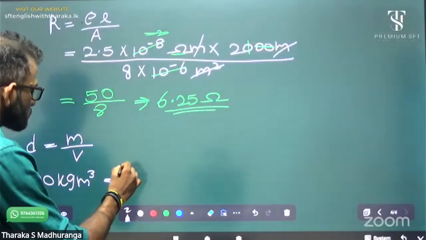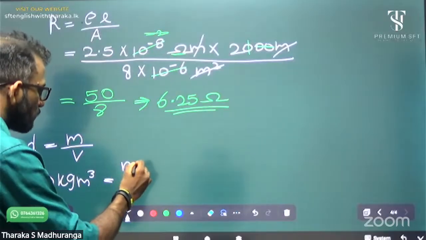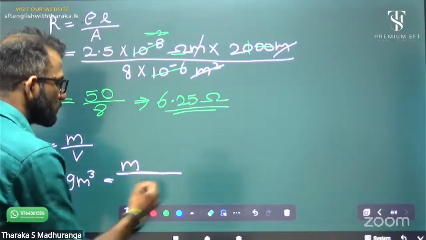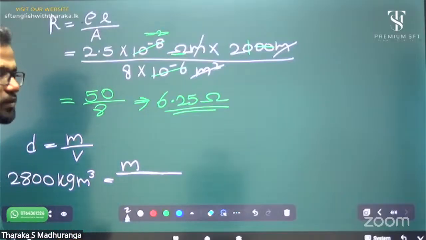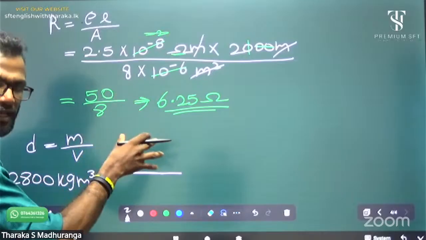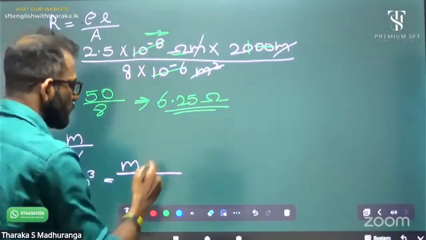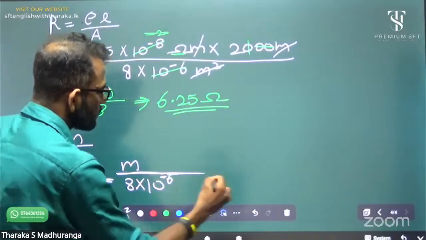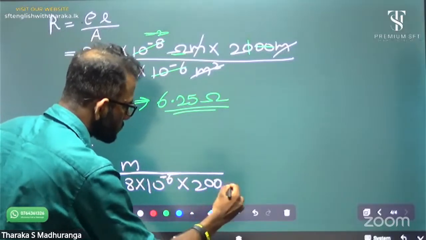Mass we don't know. How about the volume? Cross section area multiplied by length. This cross section area is 8 into 10 to the power minus 6 multiplied by 2000.